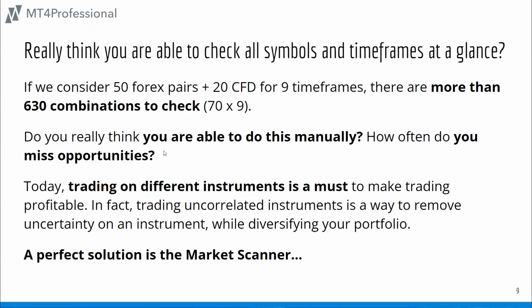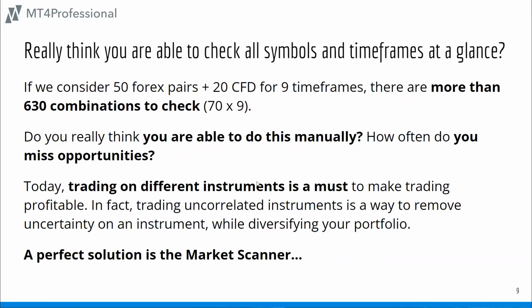Well, today, trading on different instruments is a must to make trading profitable. And in fact, trading uncorrelated instruments is a way to remove uncertainty on any instrument while diversifying your portfolio. If you're just a one-trick pony, just looking at one particular pair, sure, you're always going to be catching every trade, but unless you're awake 24/7, a lot of the instruments just have downtimes and you don't have anything to do during that time.